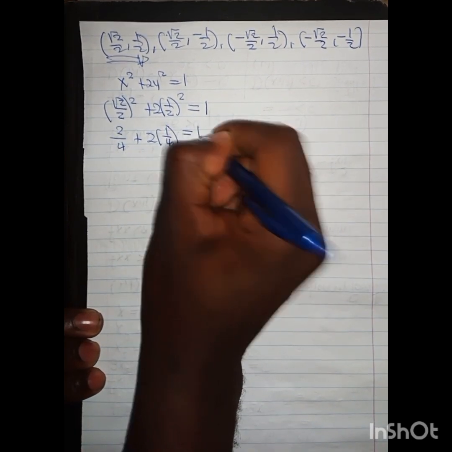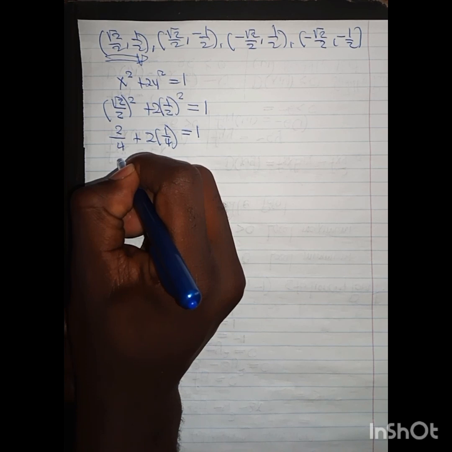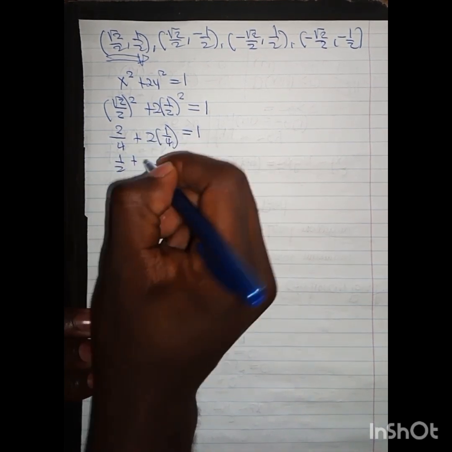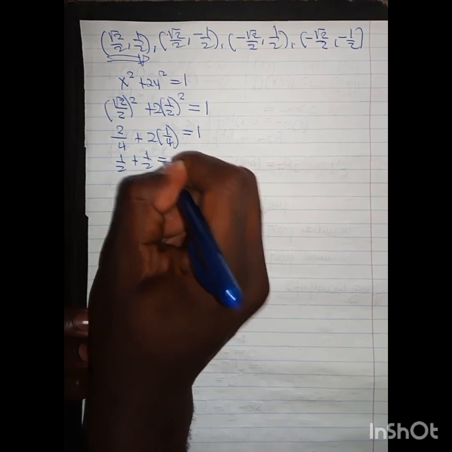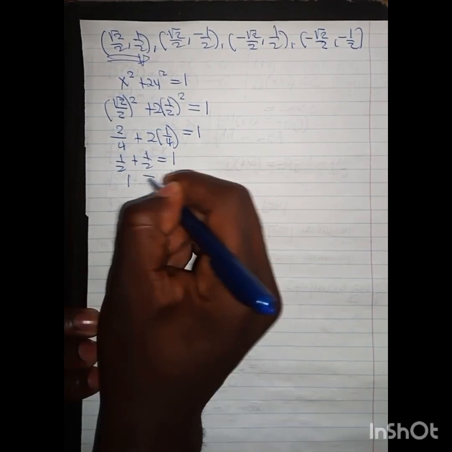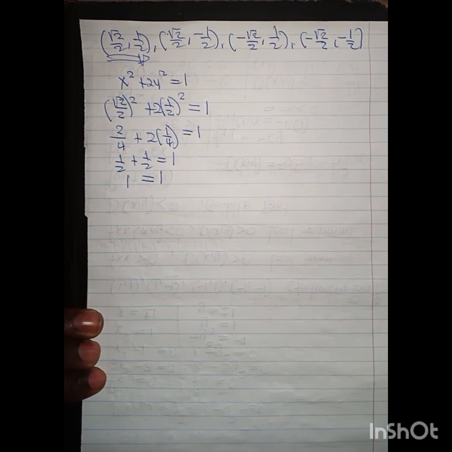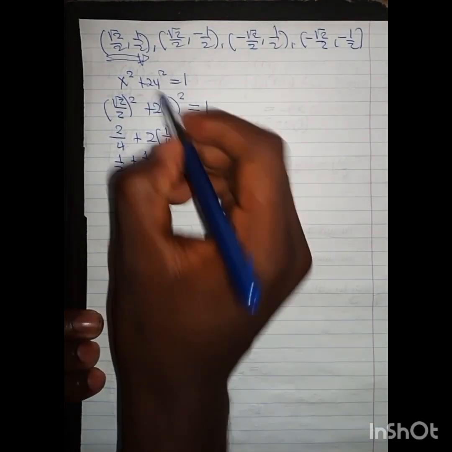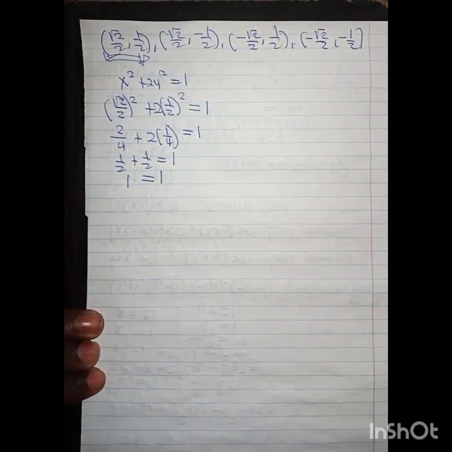This must be equal to 1. Then 2 over 4 is nothing but a half, plus 2 over 4, which is also a half. Then when we check, the left hand side is equal to the right hand side. It means this point is subject to the constraint. We will need it. Take note of that.